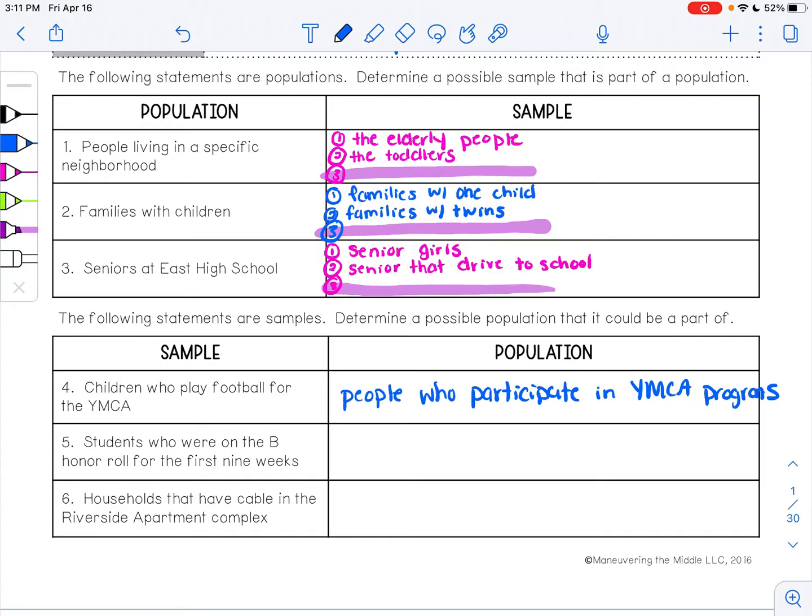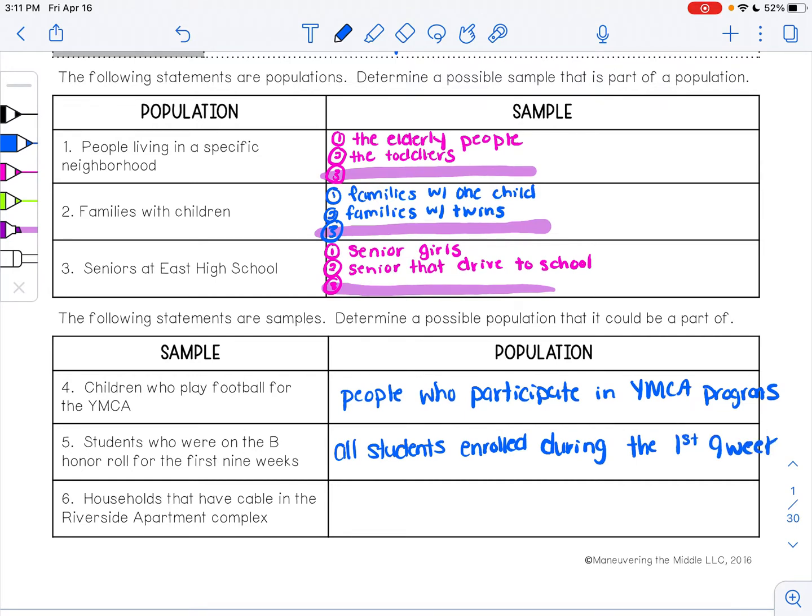Number 5, students who were on the B honor roll for the first 9 weeks. So a population, we could say all students enrolled during the first 9 weeks.